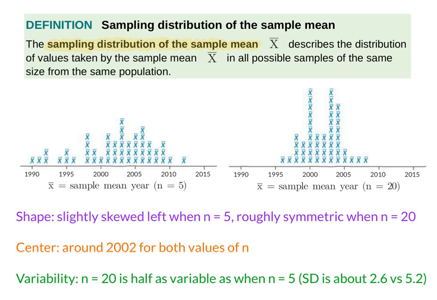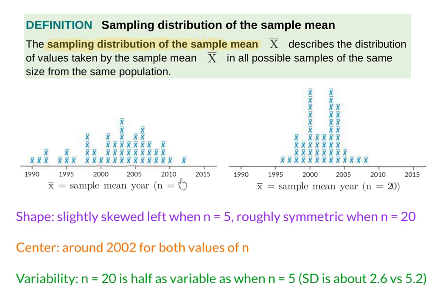What's interesting here about these two distributions is that we're still looking at our same x bar, the sample mean year, but what's different is that in this one, our n value is 5, and in this one, our n value is 20. So what is the difference between a smaller n value and a larger n value?